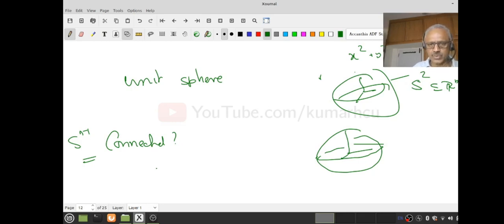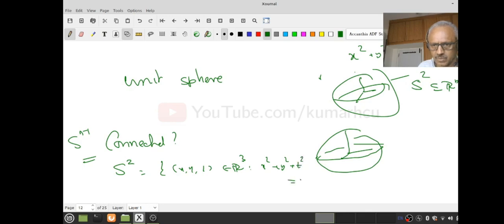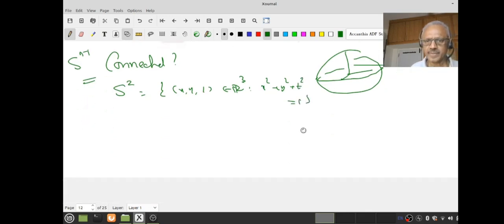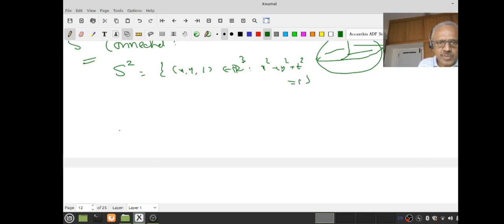Let me stick to R3 for your explanation, but what I am going to do is true for any n also. So let us look at S2, the set of all x, y, z in R3 so that x squared plus y squared plus z squared equals 1. Now let me look at what I call the upper hemisphere.